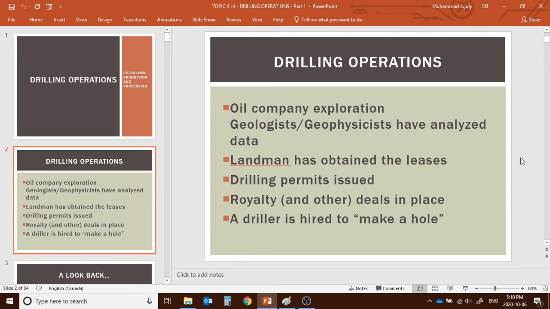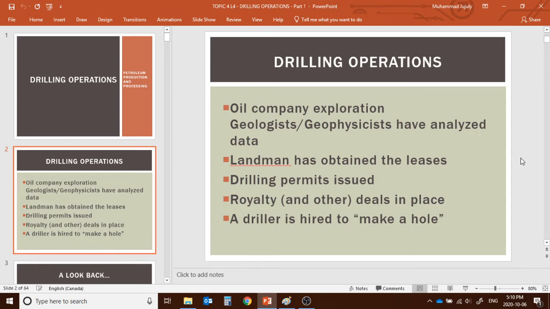The oil companies do the exploration, and the geologists and geophysicists analyze the data. After analyzing the data, we make sure this is the right area where we want to do our drilling, and we do all the paperwork, like the landman obtaining the lease.